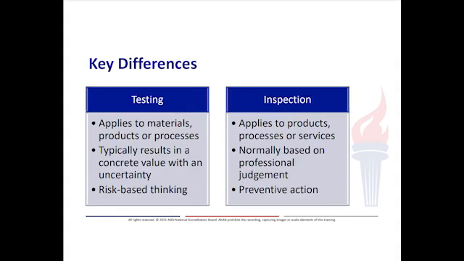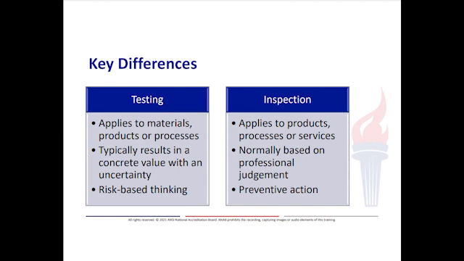Now, key differences. Testing, when we're dealing with 17025, applies to materials, products, or processes. And normally we're going to get results which give us a specific value. For example, if you're testing something for potassium, you're going to get a certain specific result.